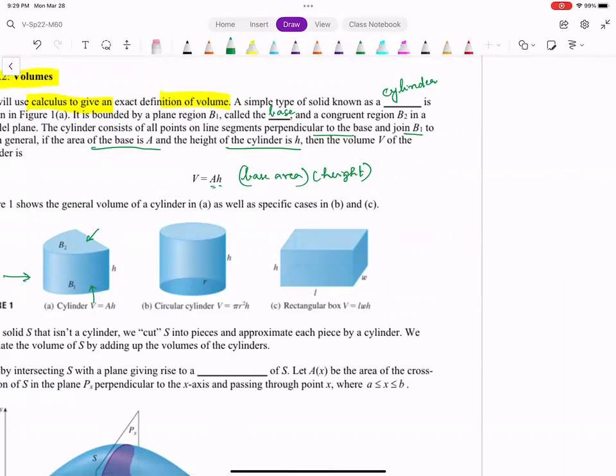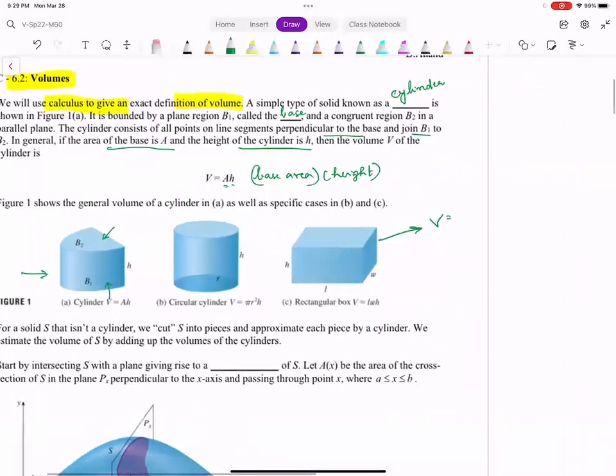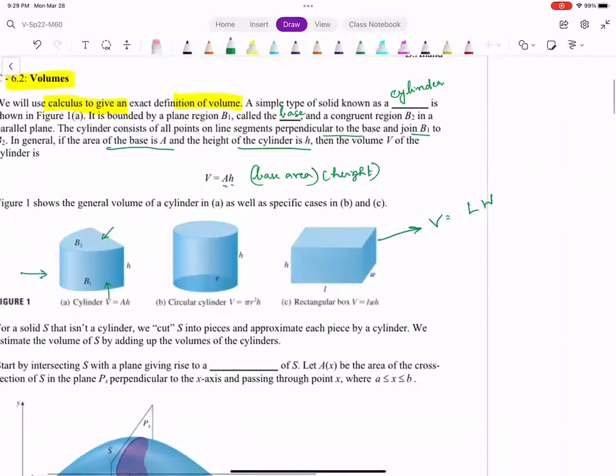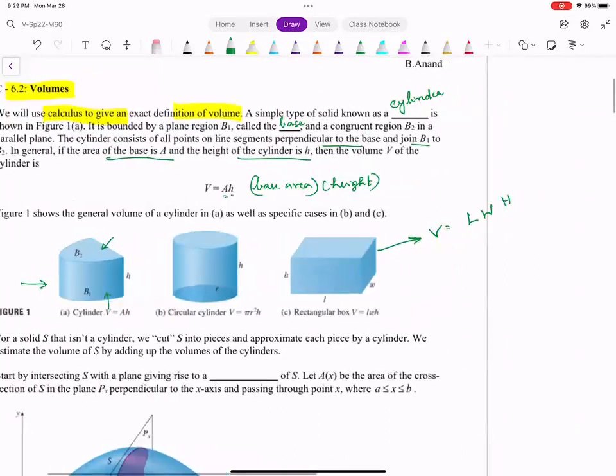For a rectangular box, the volume is defined as length times width times height. If you notice, length times width is nothing but the base area, which is the area of the rectangular base, times height.